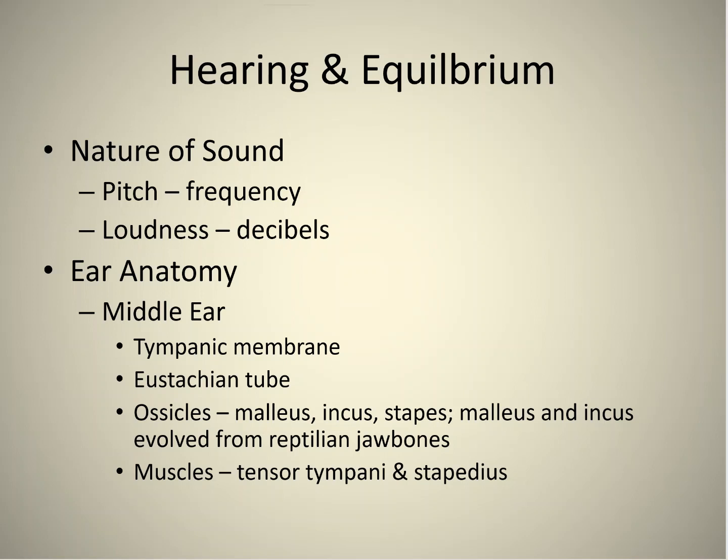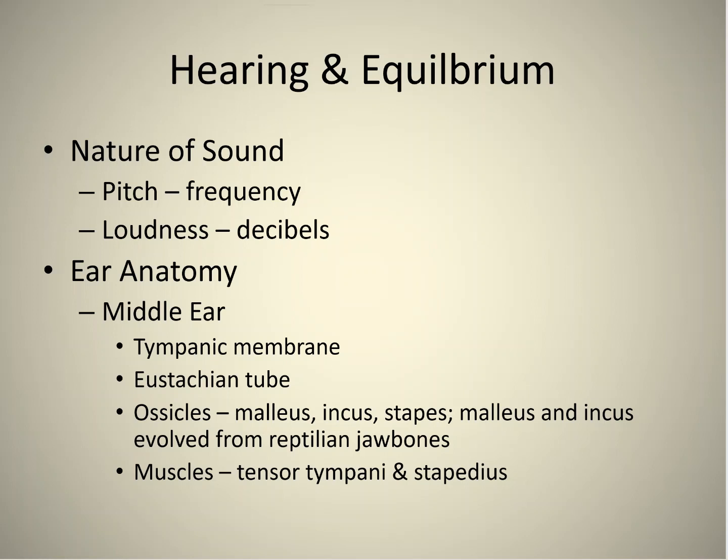Okay, ear anatomy. We have to look at the outer ear, which is really just your pinna, and then what's called the external auditory meatus, and then the middle ear. We get to the eardrum, which is called the tympanic membrane.